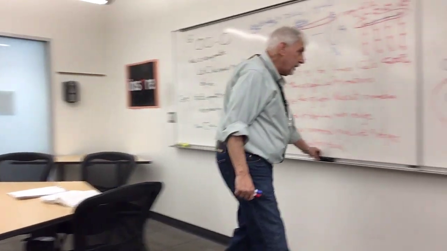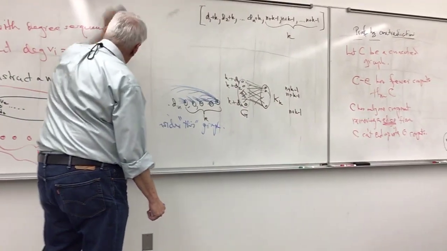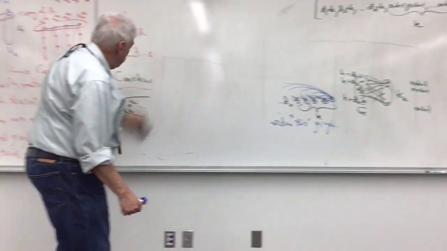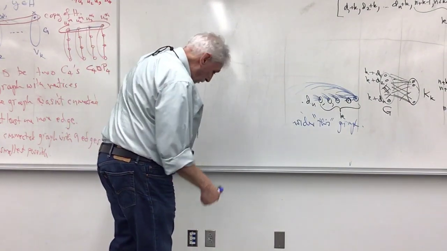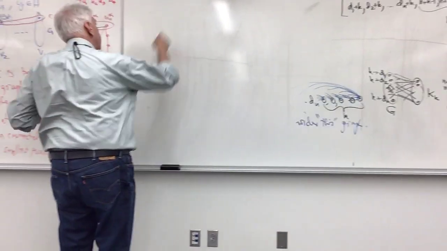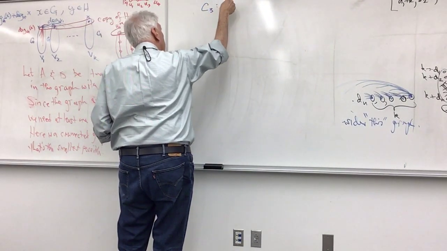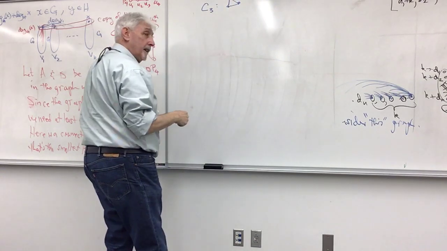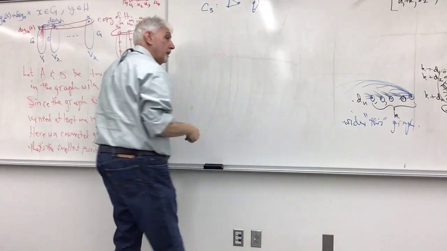So just because we need to be clear on what these graphs are, a C3, you can draw it however you want. You can draw it like that, or note it's the same as this.